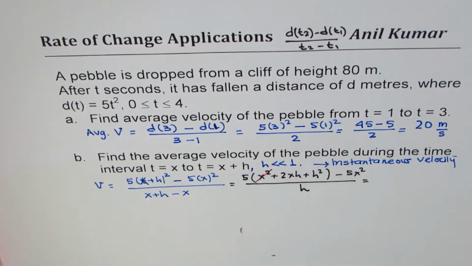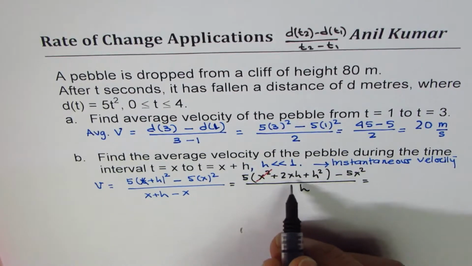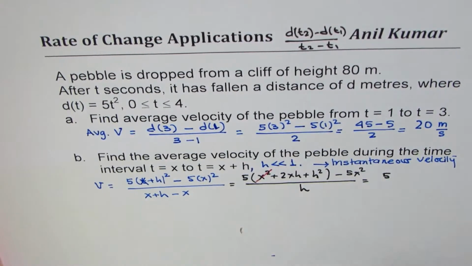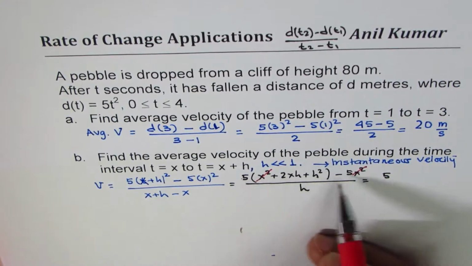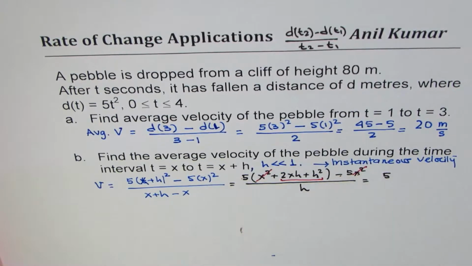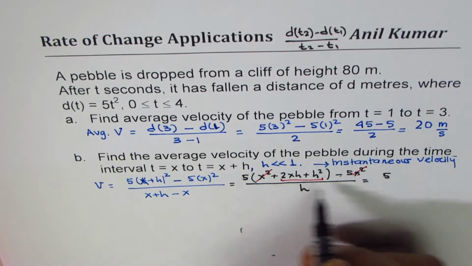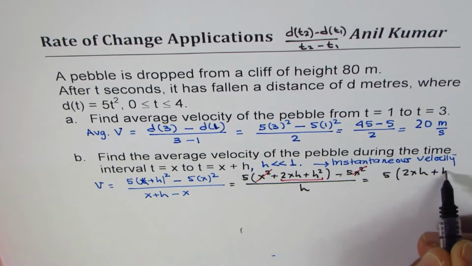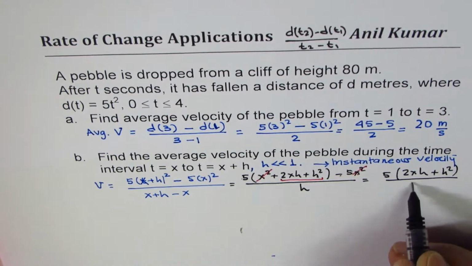You're left with all this. And from here, I can take h out. So we have 5h, this cancels, right? 5x squared minus 5x squared is 0. So you are left with these two terms. Is it okay? So we are left with 5 times 2xh plus h squared over h, right?